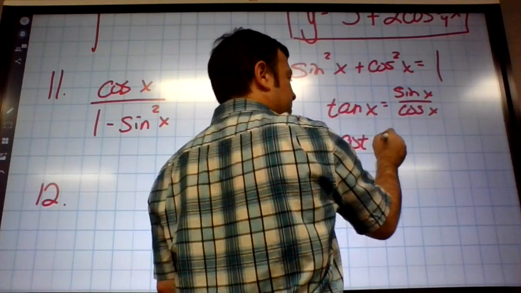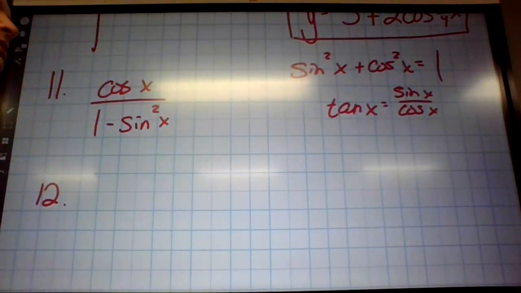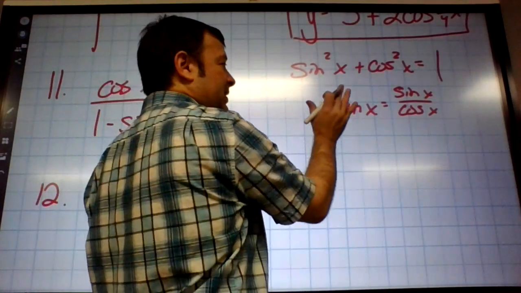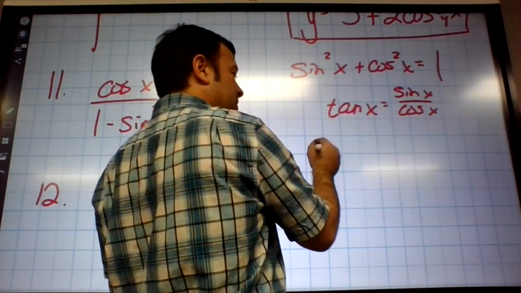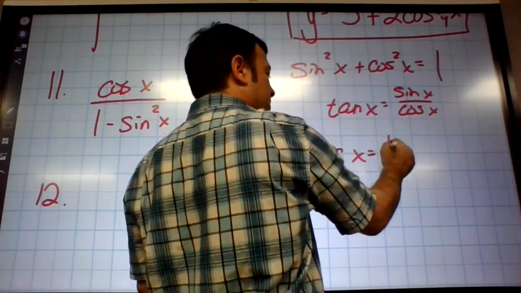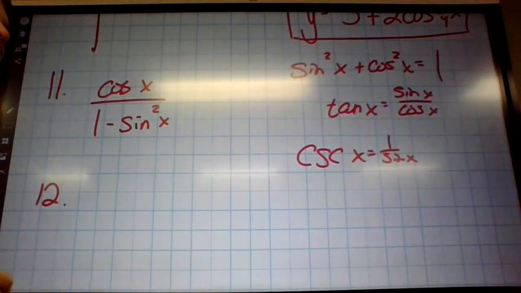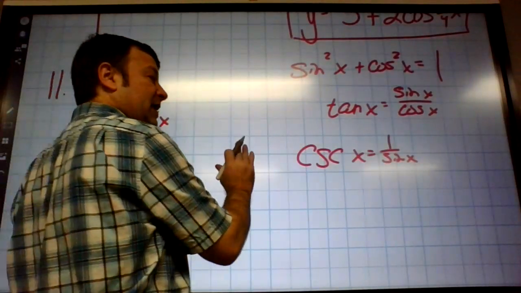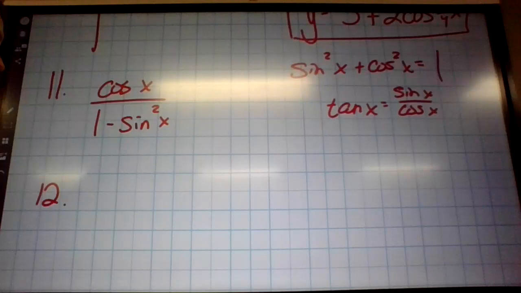I don't think I put that on, I'll put that one. You also need to know stuff like cosecant is 1 over sine. That's not new, so I wasn't really thinking of that, but you do need to know all of those reciprocal function things.